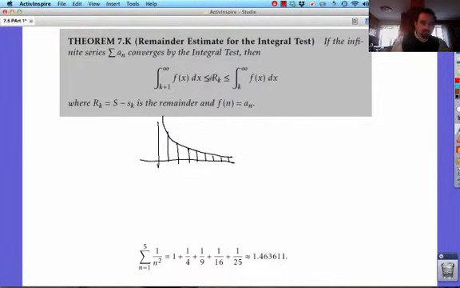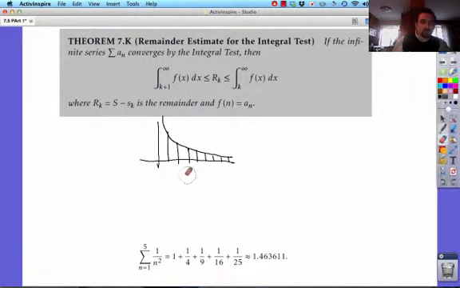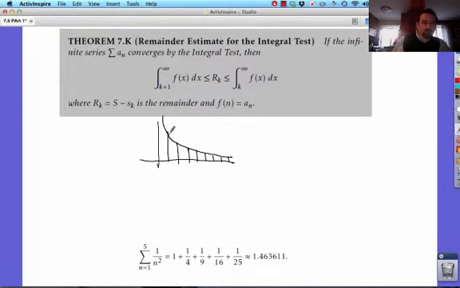One of these is starting from k, and one of these is starting at k plus 1, pardon me. So we're not necessarily starting at the first term, but suppose we've summed up and we've got the right sum for the first so many terms. We've got the first here, plus that, plus that, plus that, and so on. Now we've got up to the first few terms, and we want to figure out what's left.